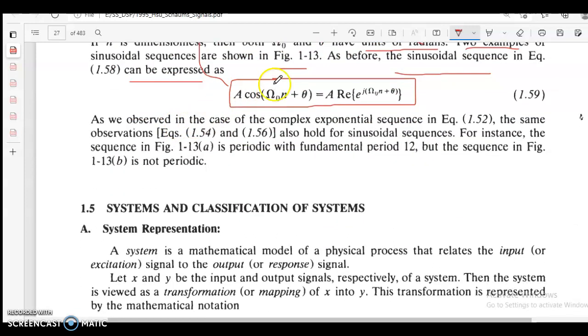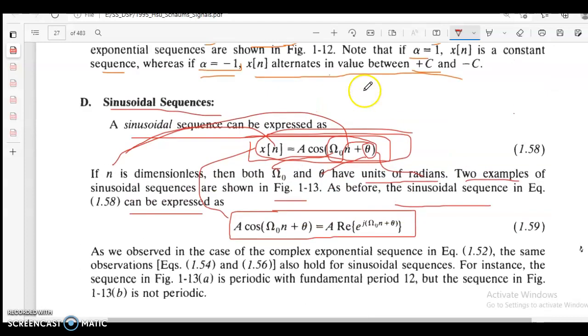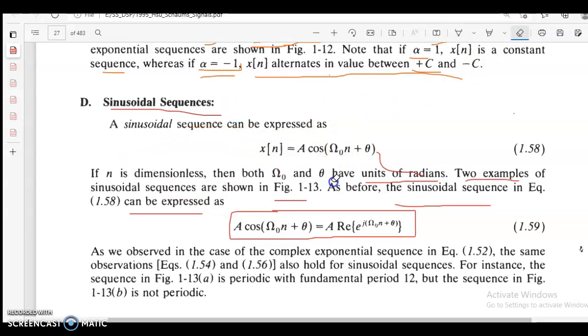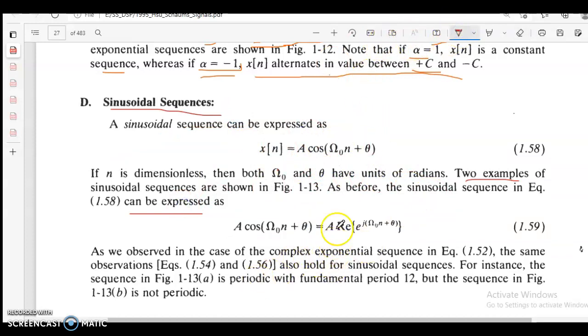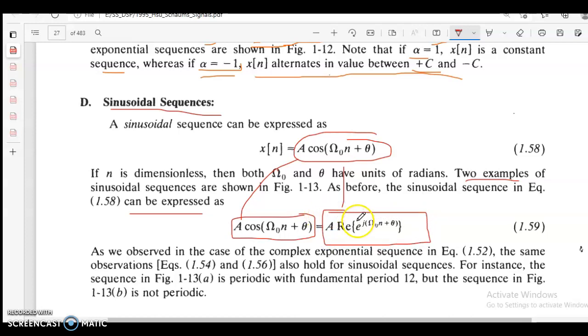So in this A cos of omega naught n plus theta, that is the real part of e power j of omega naught n plus theta.